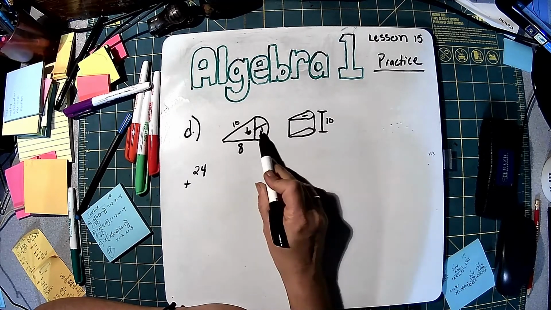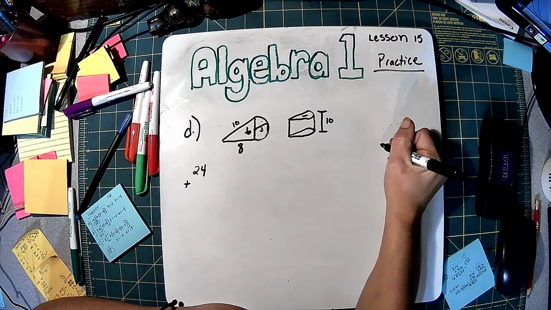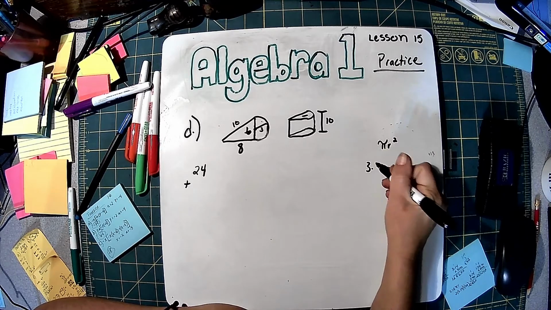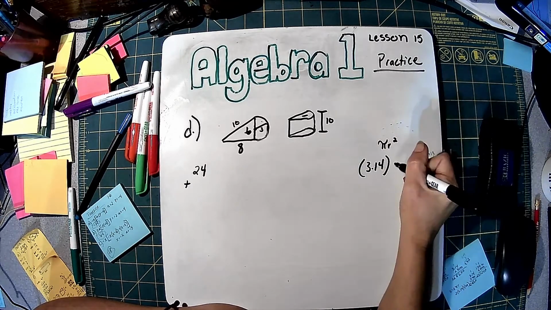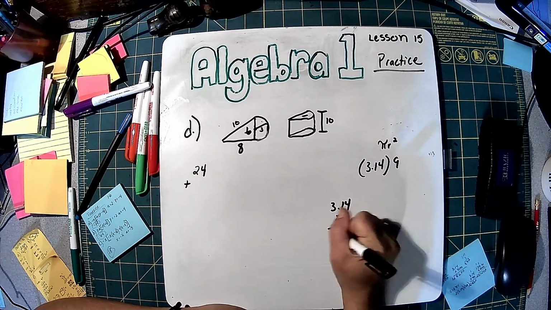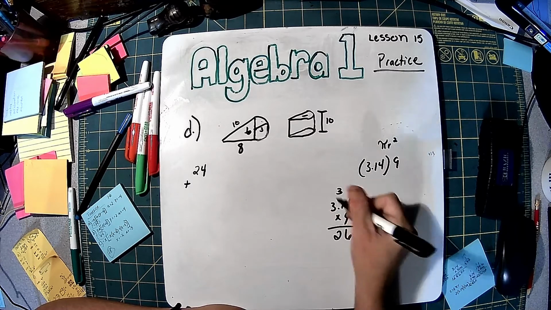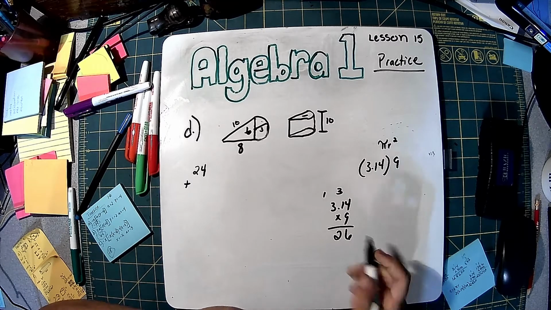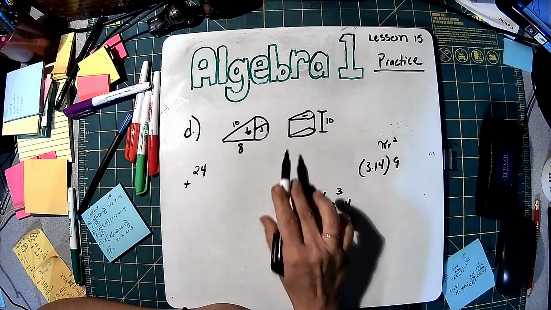And then we have to add the area of this half circle, and the formula for the area of a circle is pi r squared. 3.14 times r, which is 3, squared, which would be 9. So I need 3.14 times 9. 28.26 would be the entire circle.